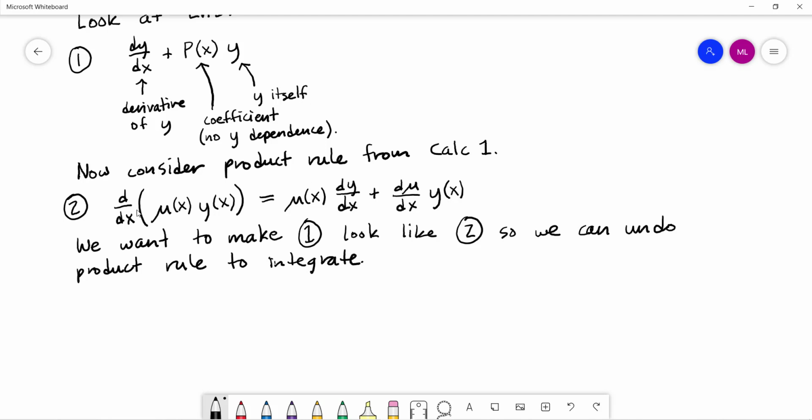So that's the idea. This is something I know how to integrate. I can integrate this because it's equivalent to this, and integrating by the fundamental theorem of calculus will just undo the derivative, essentially. So that's the main goal.